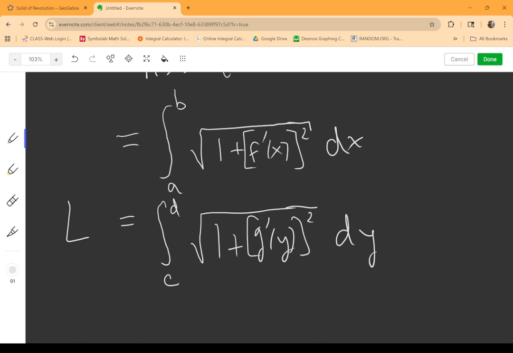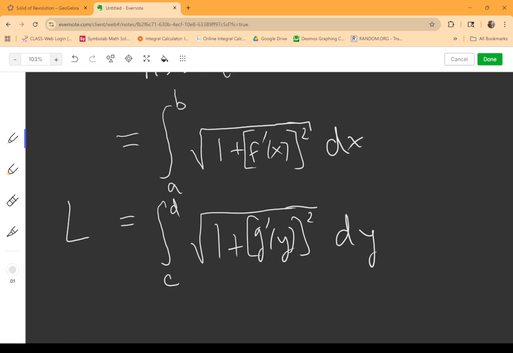Now let's take a look at applying this formula. At this stage in our calculus journey, we are limited in the types of integrals that we can evaluate. We have our basic integrals where we use the power rule, and some substitution, but it's very narrow. So the types of integrals we can solve for arc length are limited, but that's okay.